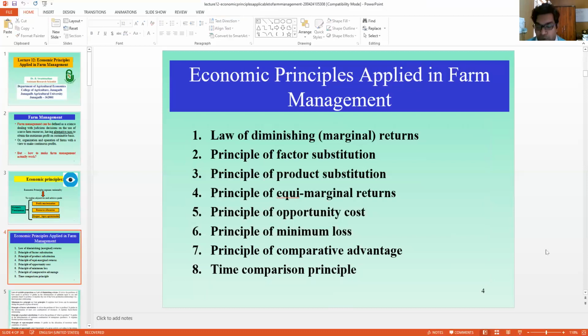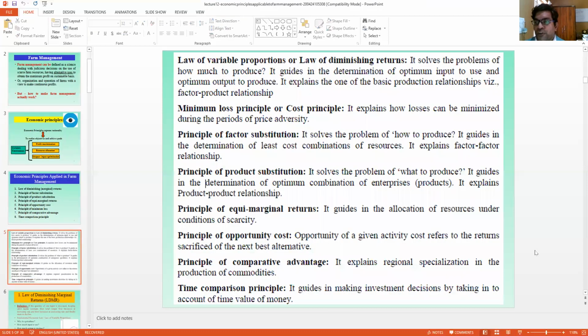Okay. Now, before going to the discussions about all the laws, we'll see in short what these principles are about, right? The first one is the law of variable proportions, also called the law of diminishing returns, also called the law of life itself, right? Why the law of life?